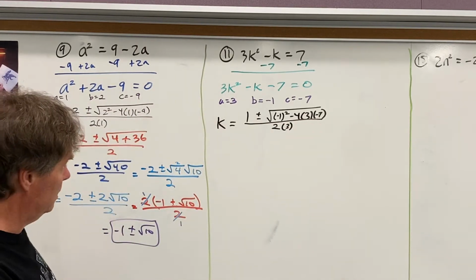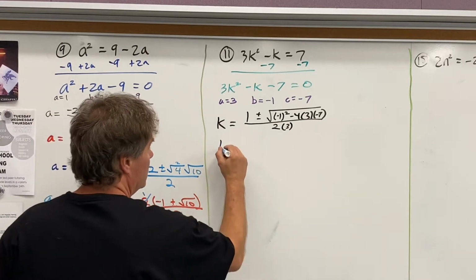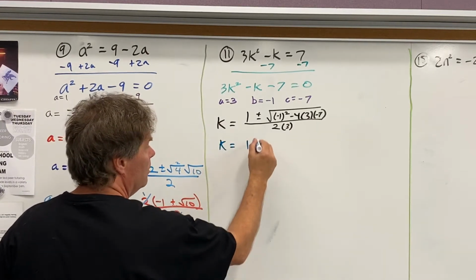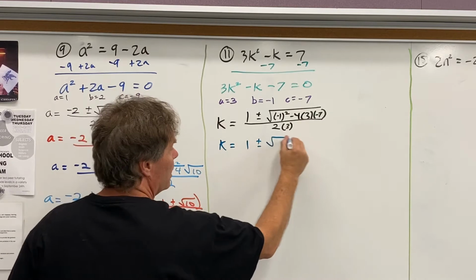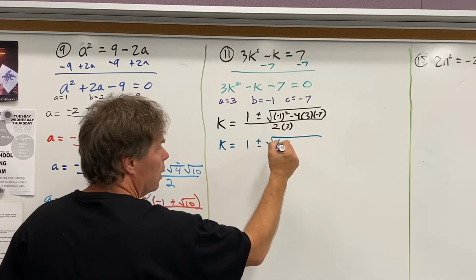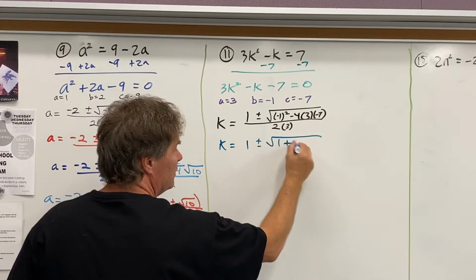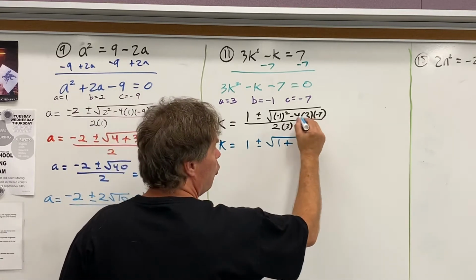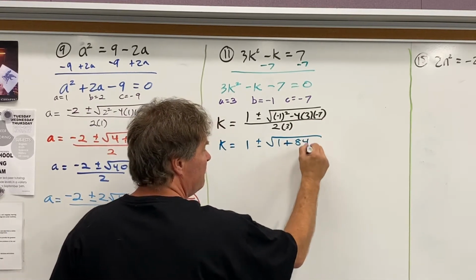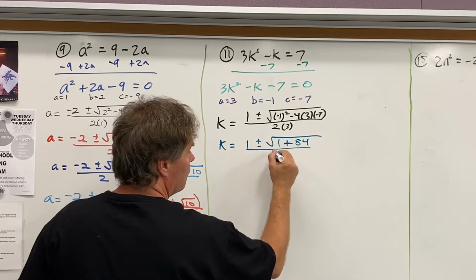Okay, what does that mean? Well, let's see. k is 1 plus or minus the square root of -1 squared is 1, minus... nets out to be a plus. 12 times 7 is 84, over 6.